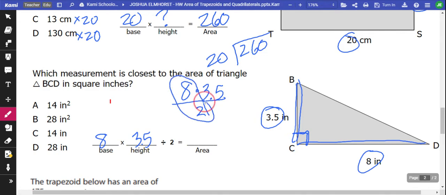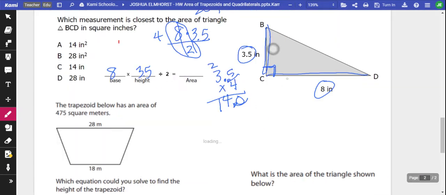The easy thing to do is actually divide first. 8 divided by 2 is 4. And you got 3.5 times 4. 4 times 5 is 20. 4 times 3 is 12. 12 plus 2 is 14. Count your decimal place value.